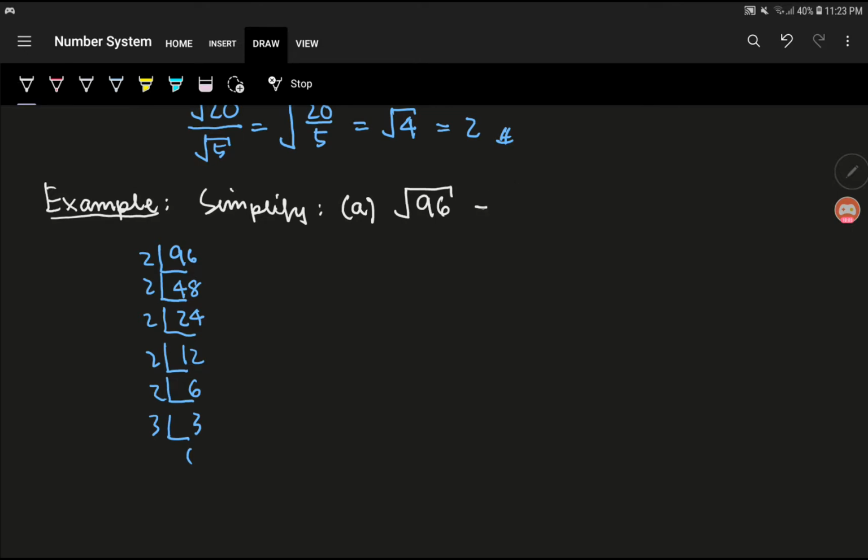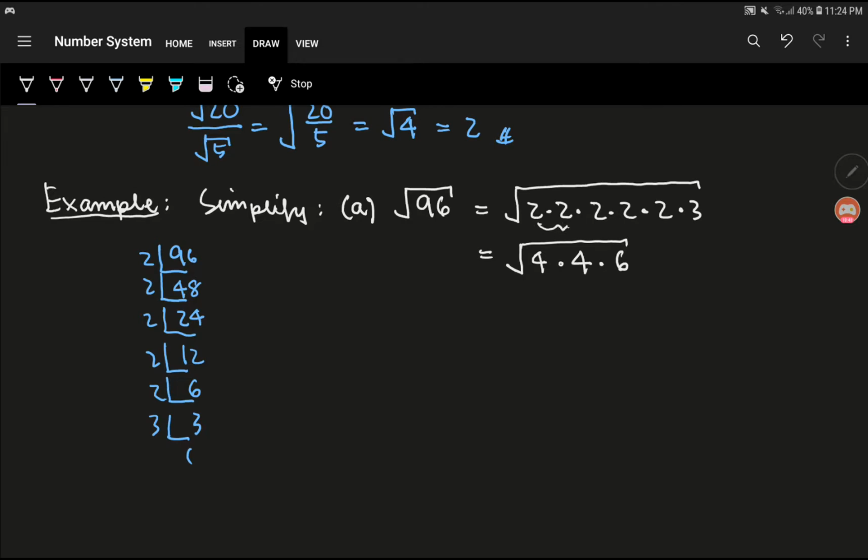So we have 2 multiply 2 multiply, how many 2s are here? 5. 2, 2, 2, 2, 2, 3. Because we have five 2s and only one 3, 2 multiply 2 is 4, and then 2 multiply 2 is 4. So instead of 2 2 2 2 2 3, we have 4 multiply 4 multiply 6.